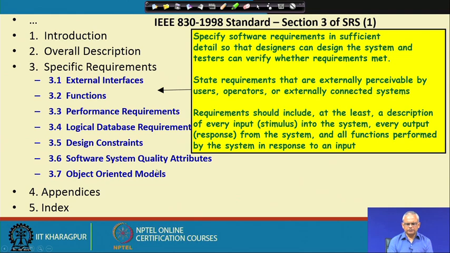This section has to be written very carefully and in sufficient detail, so that the designers can have all the information they need to carry out the development work, and for the testers to be able to write the test cases. It is a very important section.